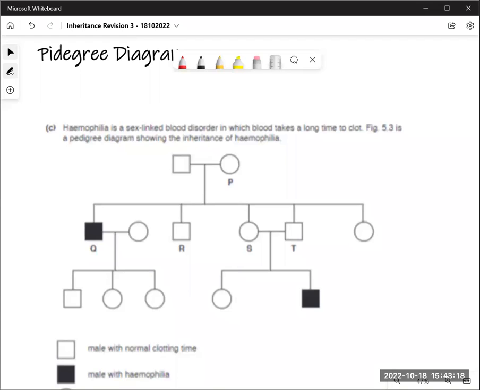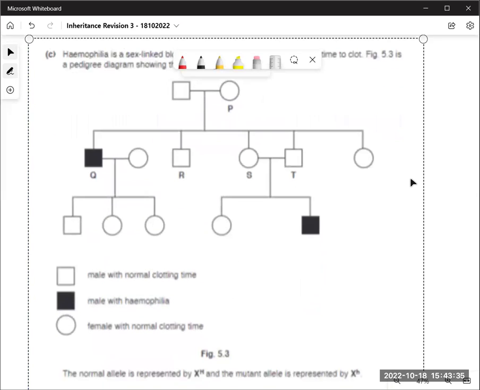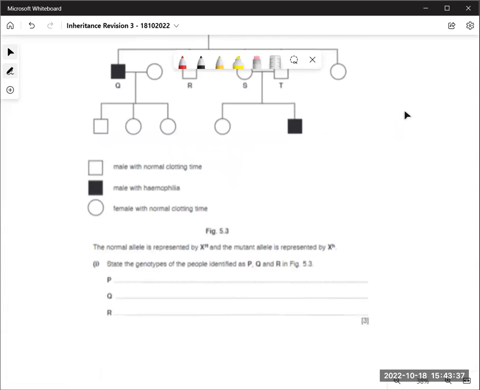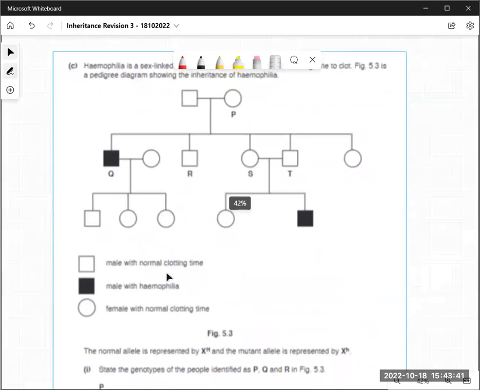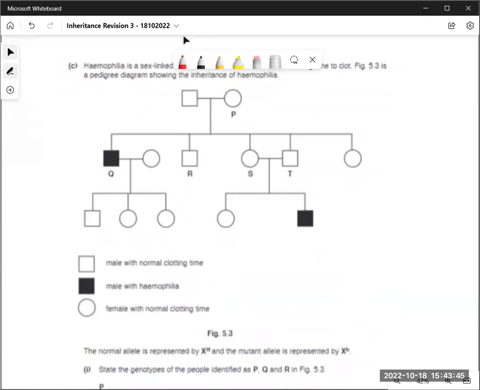Figure 5.3 is a pedigree diagram showing the inheritance of hemophilia. All right, hemophilia. Perfect. Now let's see what happens. In this case, we have these two people given. We have male with normal clotting time, male with hemophilia, female with normal clotting time.